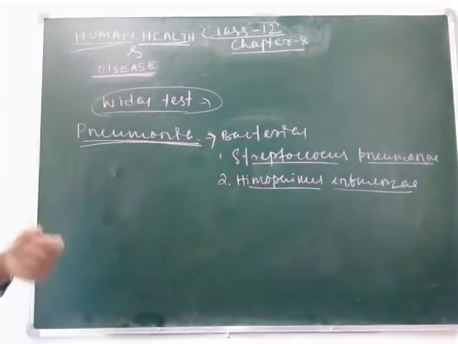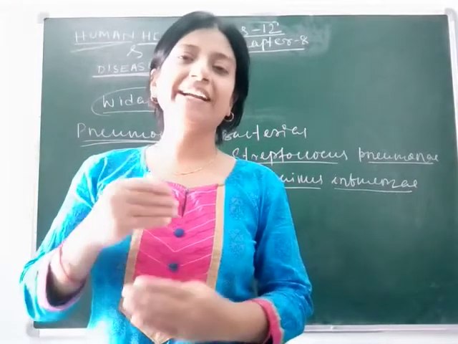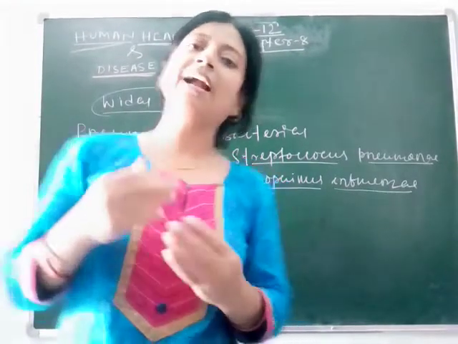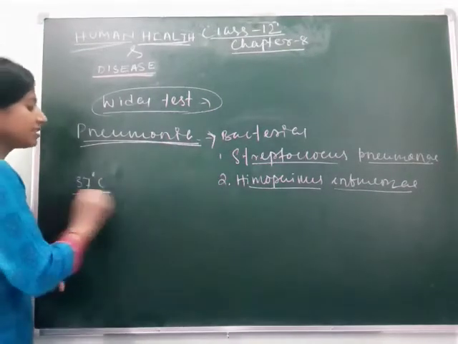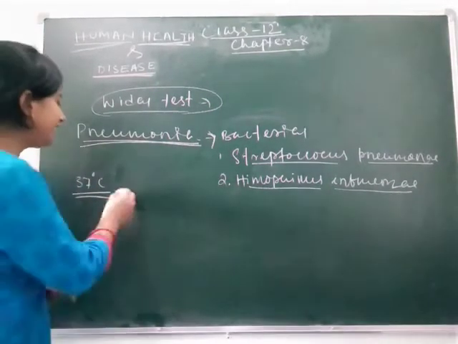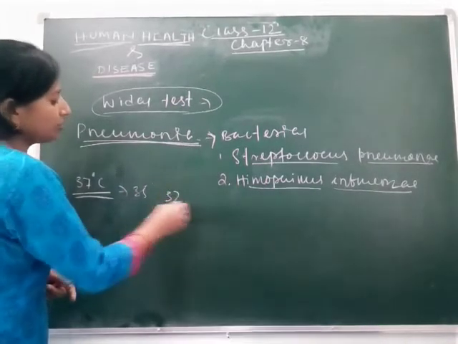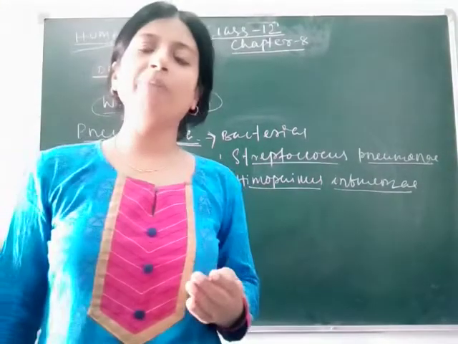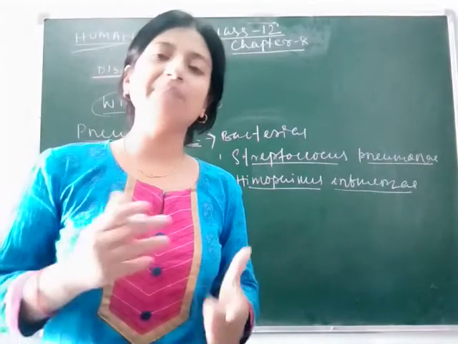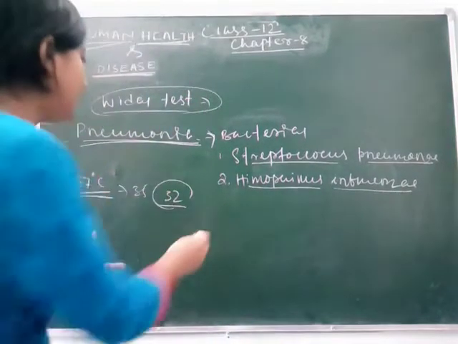Then what happens in pneumonia? In pneumonia our body temperature decreases from our normal temperature, and our normal body temperature is 37 degrees Celsius. But in pneumonia it decreases to 35 degrees, even 32 degrees also. In this case, the lungs, you know about lungs very well, contain millions of alveoli, which are also called air sacs.